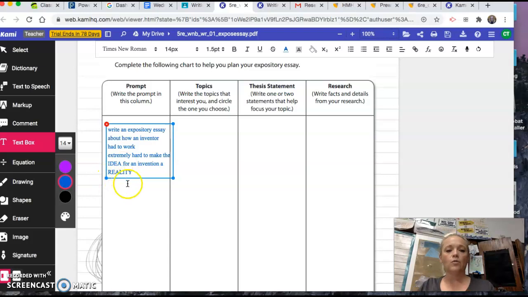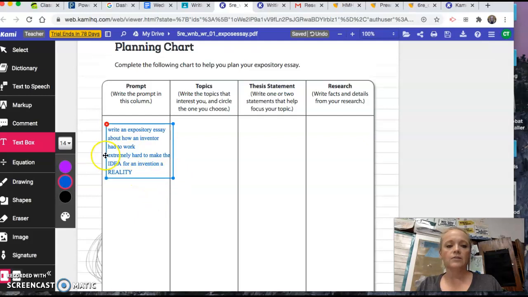So you are going to be writing about how an inventor came up with an idea and how that idea finally turned into the real invention. That's your goal. Everybody will write this exact same prompt.